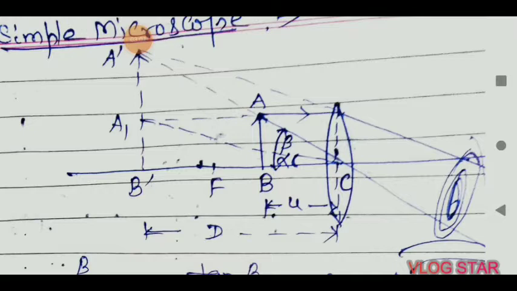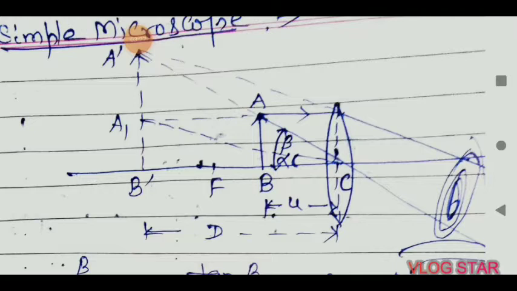Now when the object is at the least distance of distinct vision, at that A1 B dash, what angle does it subtend at the lens, that is on our eye, because the eye is very close to the lens? You see that angle A1 C B dash, that is alpha.